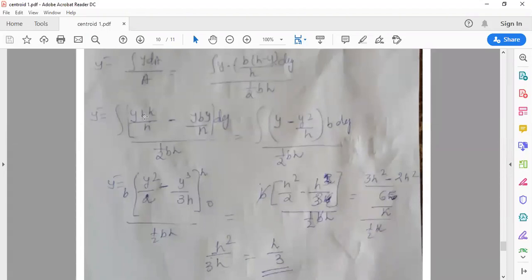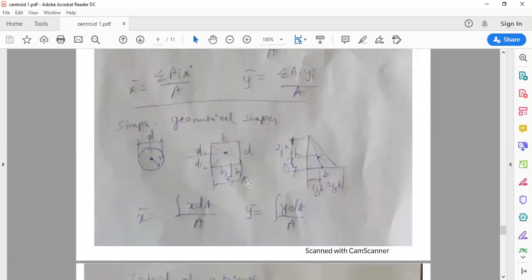Only the formulation of this equation is difficult. Once you formulate it, the integration part is simple. This is the way I have done it, or you can refer to the book, where they have solved it the same way.